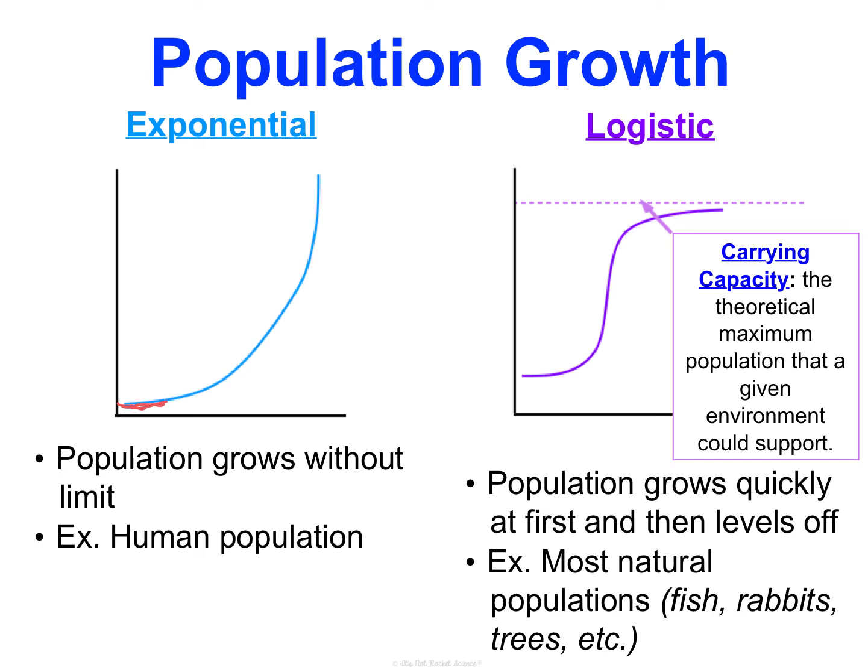For a long time, we had a population that was relatively stable, and then we hit the Industrial Revolution and better medical care, and then we just exponentially grew. But this population grows without limit per se. We all know that there is some sort of limit, but like I said, it's just a model. It's a model that scientists use to explain populations.